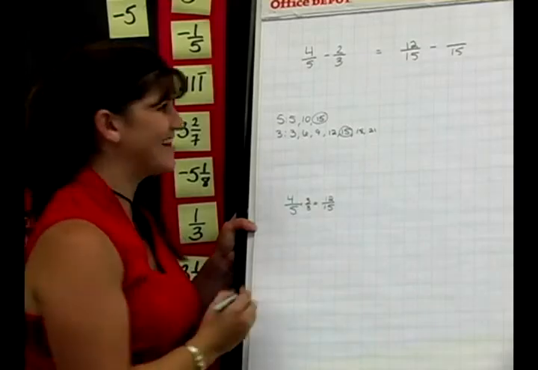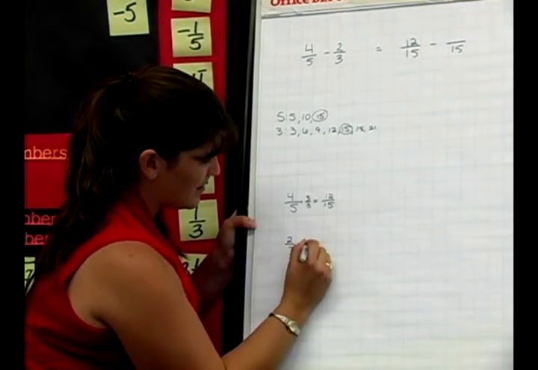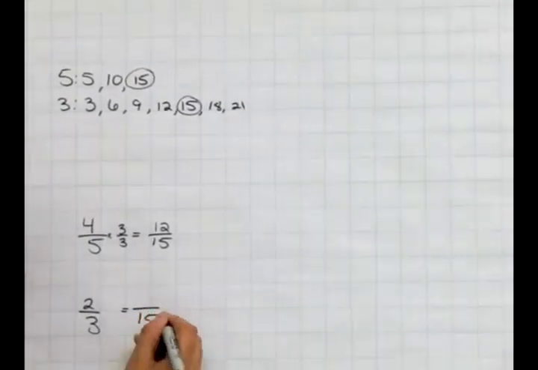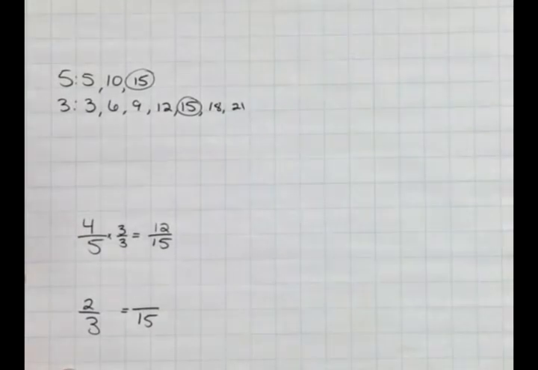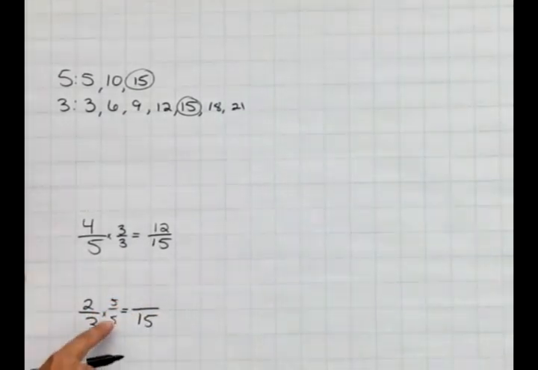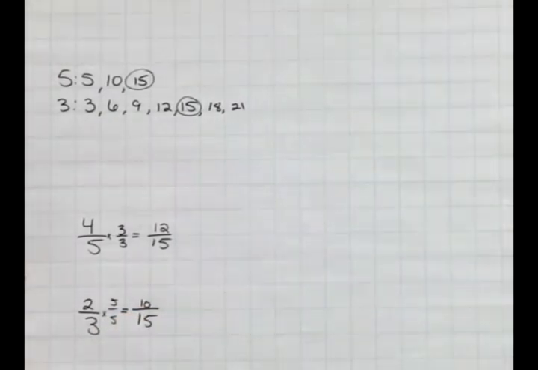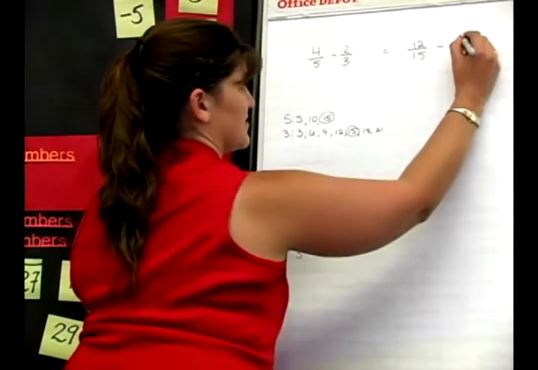Okay, I'm halfway there. Now I have 2/3. I use the same process and figure out, okay, how do I make this 3 into 15? Well, 3 times 5 equals 15. Whatever I do to the bottom number, I have to do to the top. 2 times 5 equals 10. So 2/3 is equivalent to 10/15.